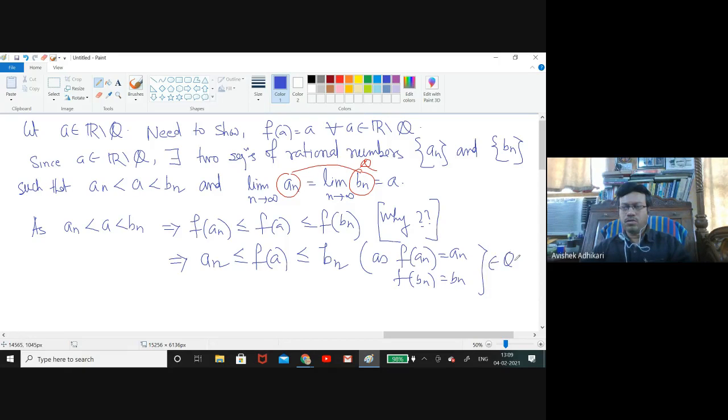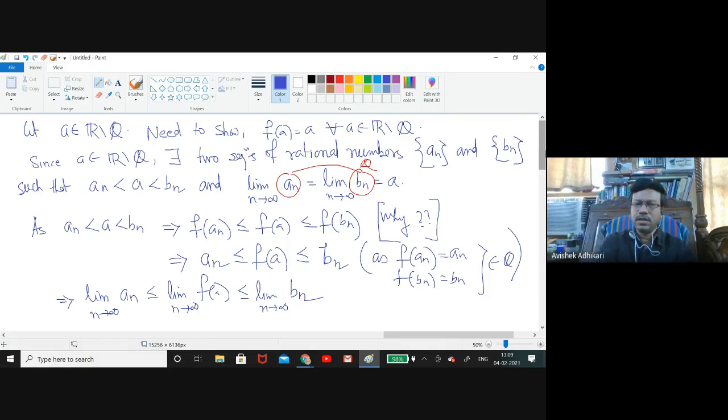Now if I take the limit on all sides, as n tends to infinity, f(A) is less than or equal to the limit of Bn. Then what would be my result? Just now we have already seen that this limit goes to A.